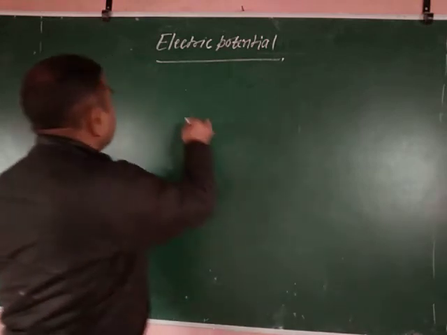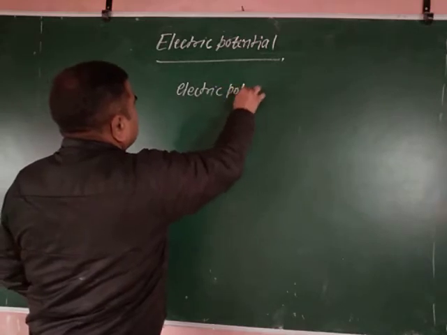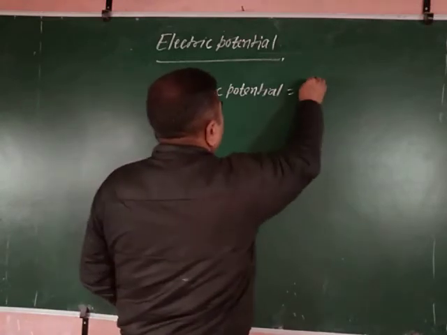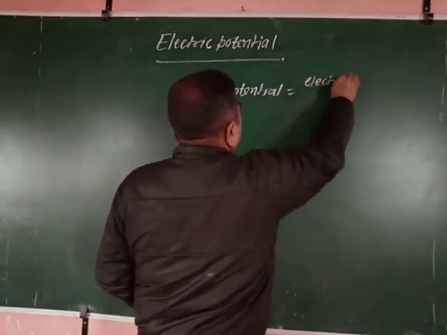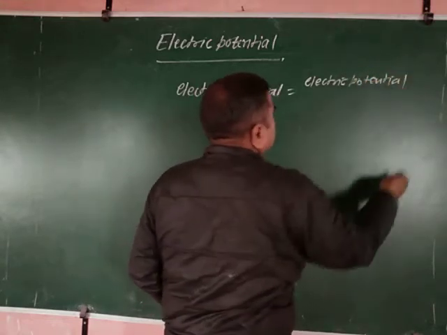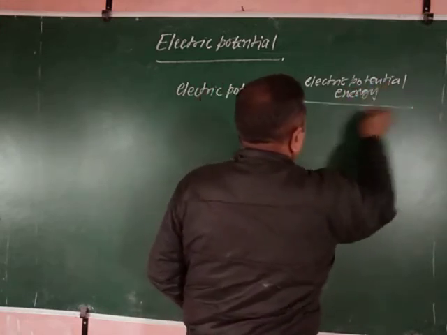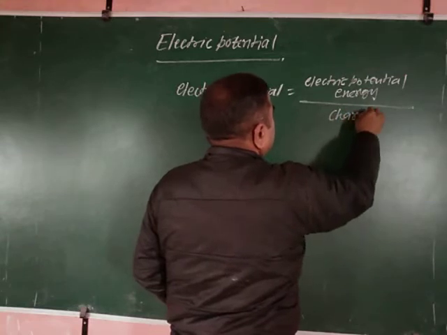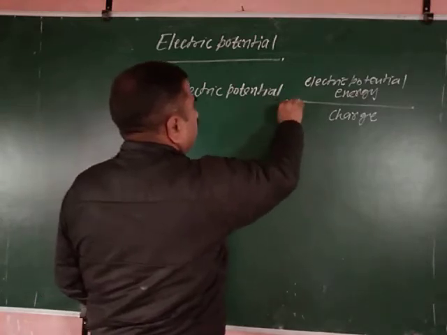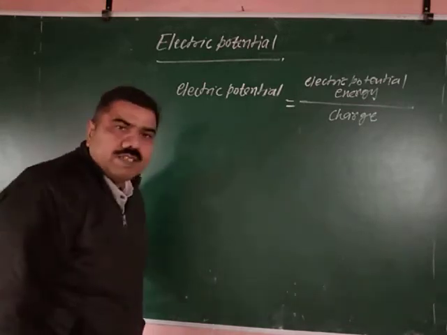That is, electric potential equal to electric potential energy divided by charge. Electric potential is denoted by V.